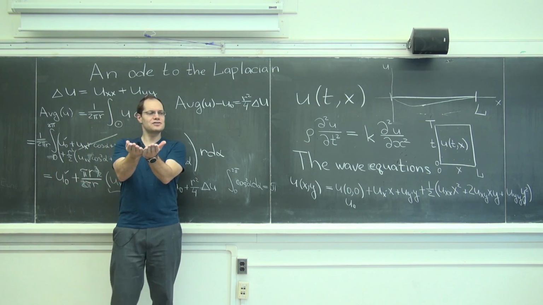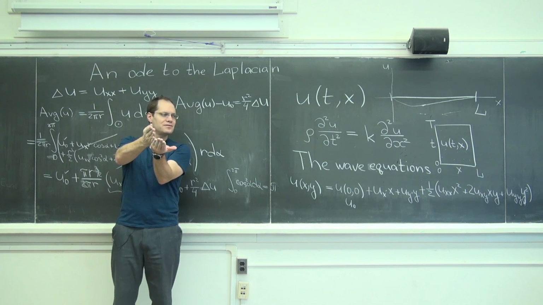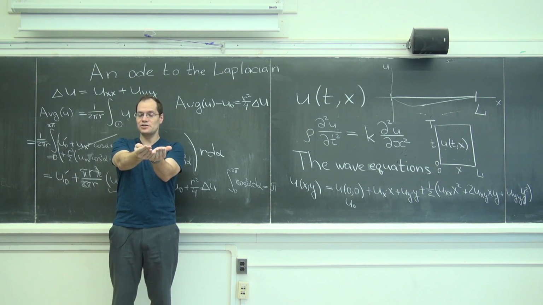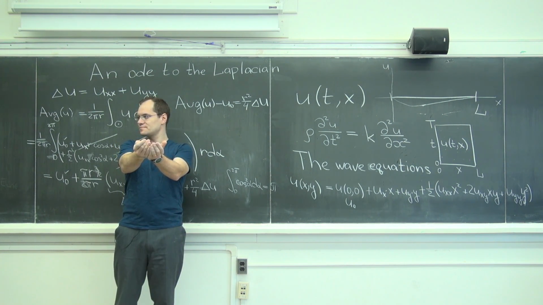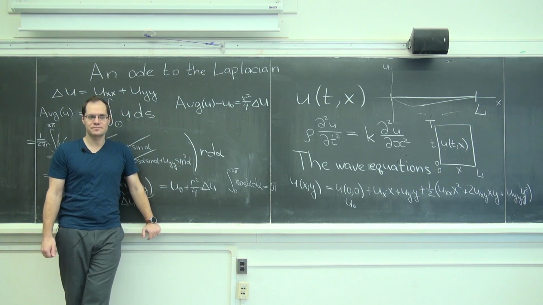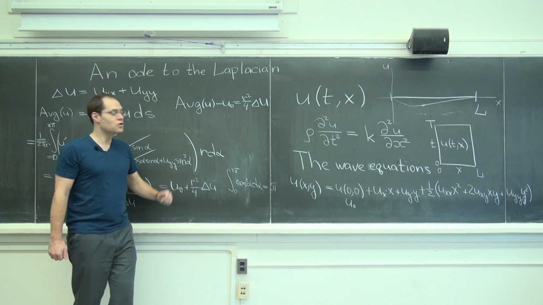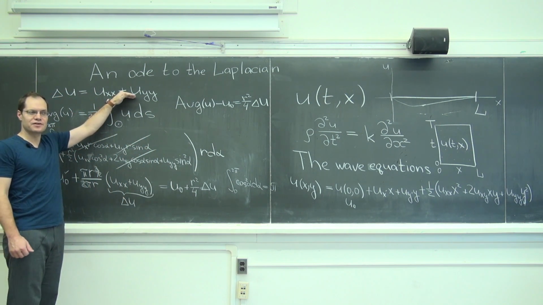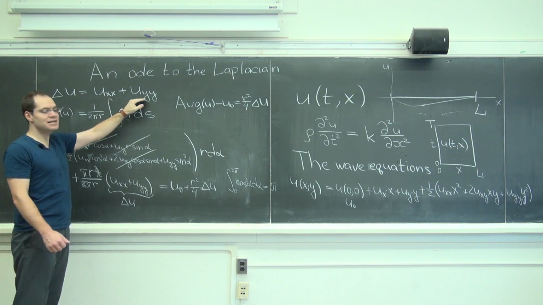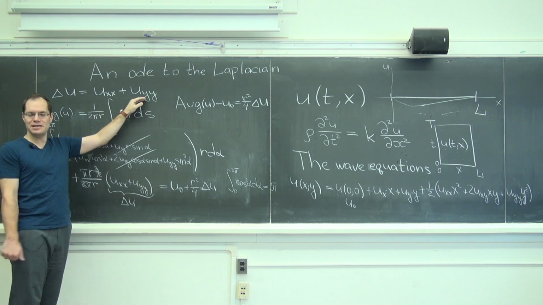Because if you turn something without changing its shape, then you don't create a discrepancy between the value at a point and the value at its neighbors. It's only when you do this that the value at a point and the average of the neighbors changes. That's it. I don't need to make another drawing. Right. So this gives us much greater comfort that this seemingly arbitrary combination of derivatives is actually meaningful.